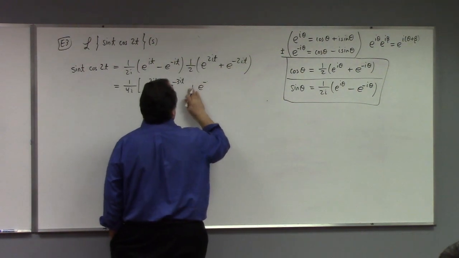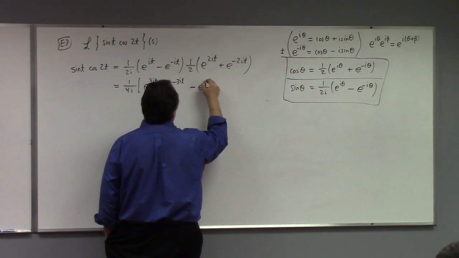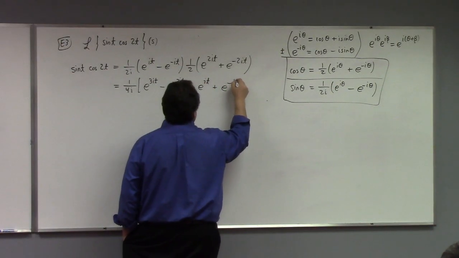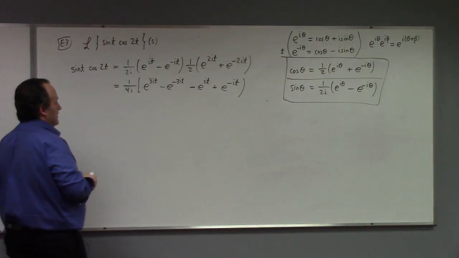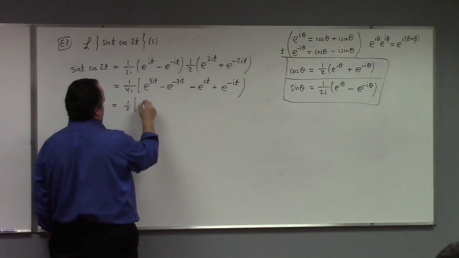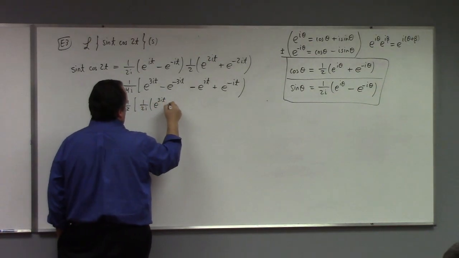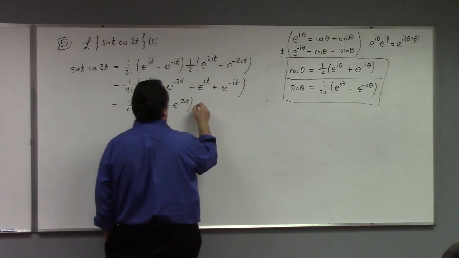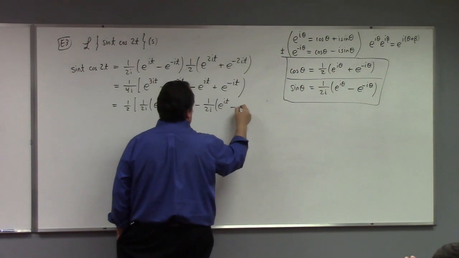So I got e to the minus it, it doesn't really matter, I can just rearrange them next, but I get minus e to the it, and then plus e to the minus it. All right? And then that's actually 1/2 of 1 over 2i (e to the 3it minus e to the minus 3it), and then minus 1 over 2i (e to the it minus e to the minus it).